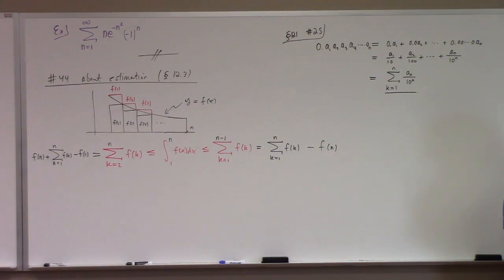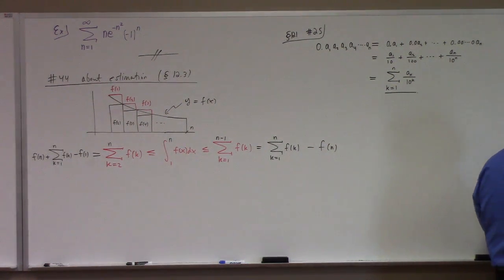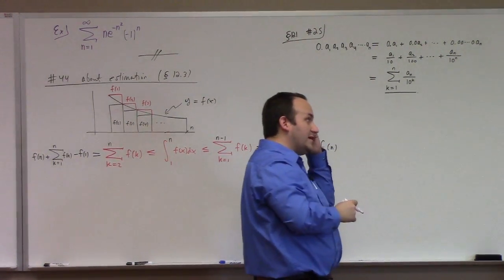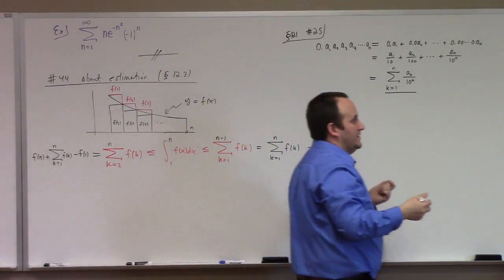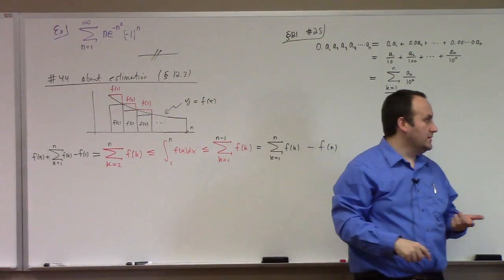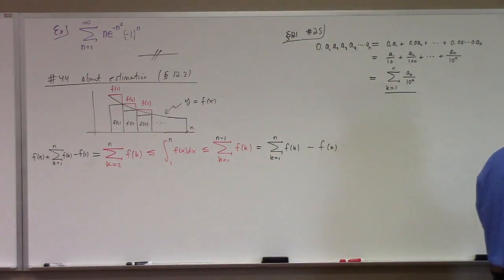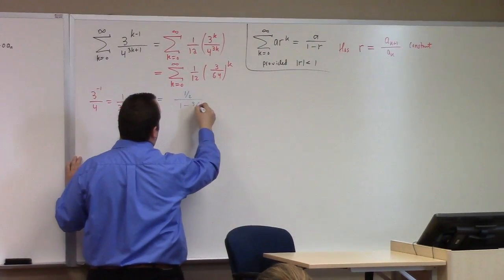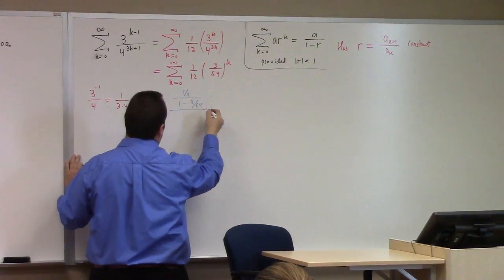So downstairs it's 1 over 3 times 4, which is 12. It's also what we get from putting k equal to 0. Once you have that, it's 1/12 over 1 minus 3 over 64 by the geometric series result.